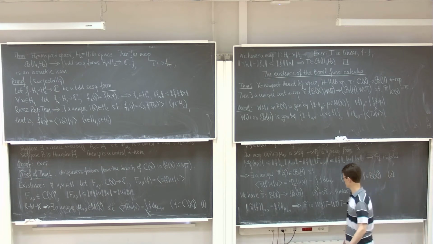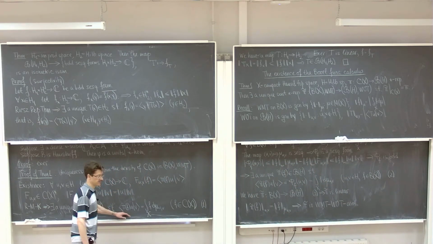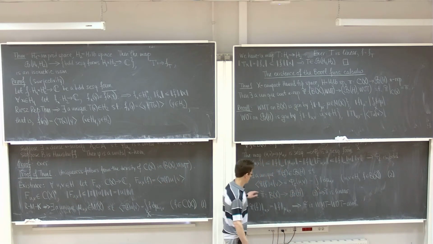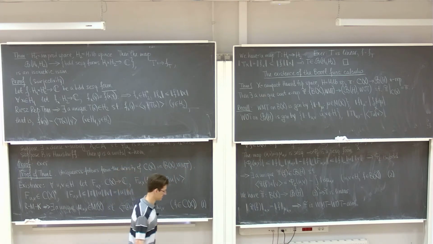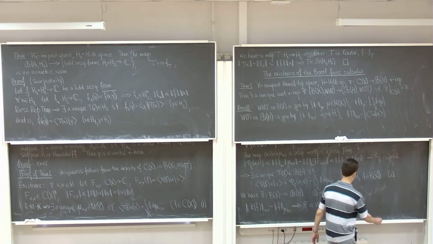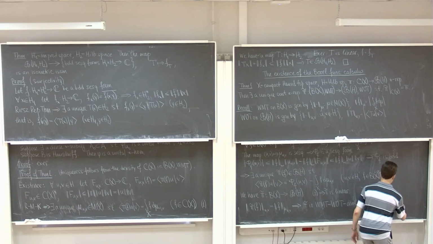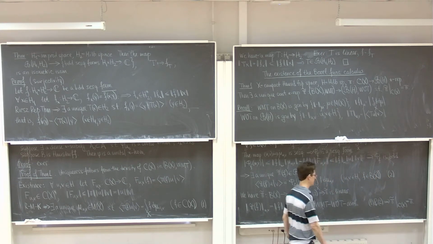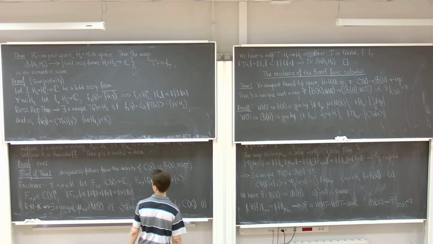Okay, let's compare formulas 1 and 2. After we compare these formulas, we conclude that pi tilde extends pi. Pi tilde restricted to C of X equals pi. And now to complete the proof, we use our lemma.